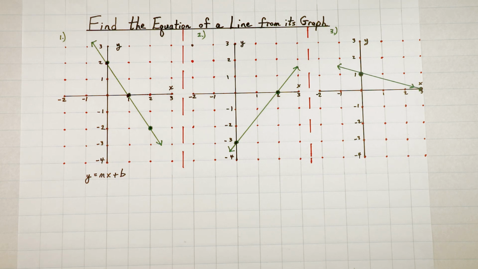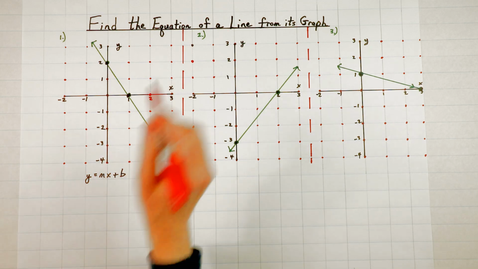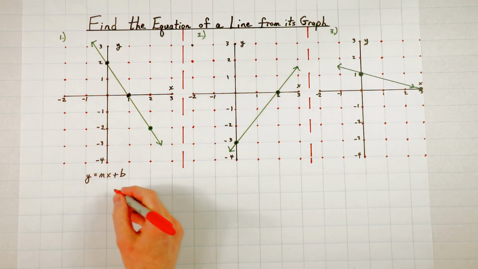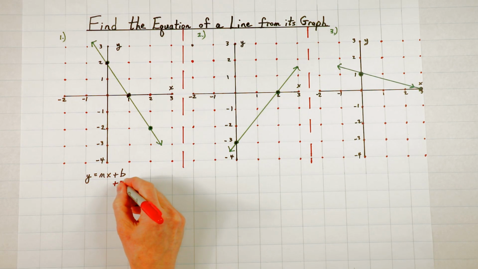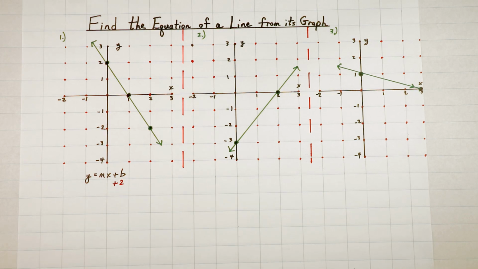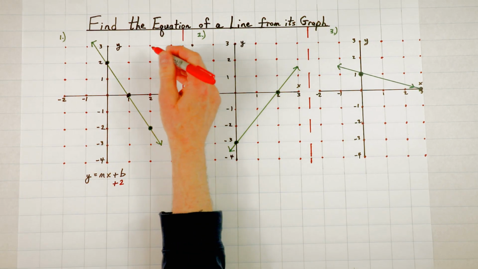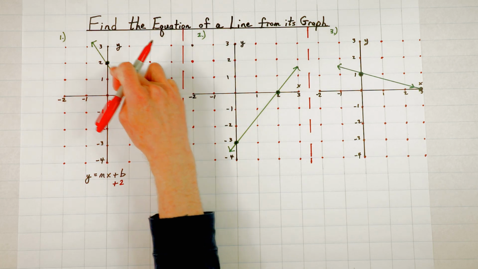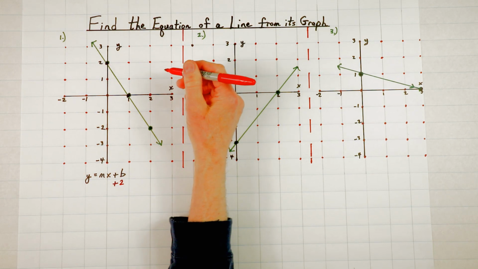The y-intercept is a great place to start when you're graphing or when you are looking for the equation from its graph. So let's go up here. So right away I see that the y-intercept is 2, so I'm going to put a 2 down here in the b place. And let's see where the line goes as it moves down and across to the right.